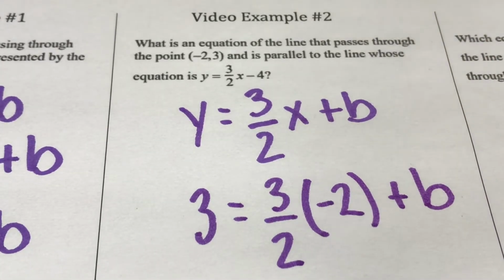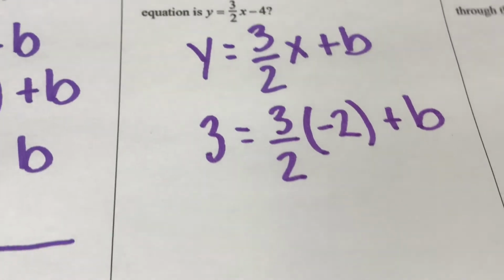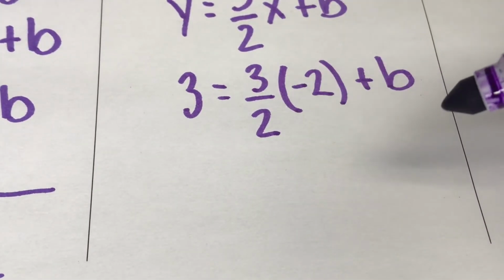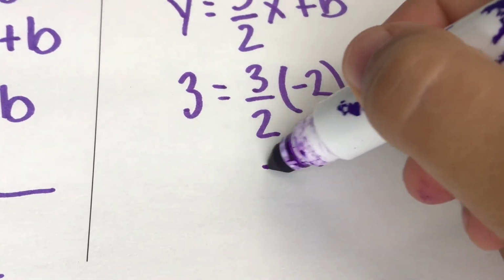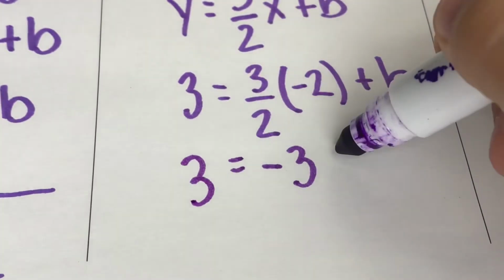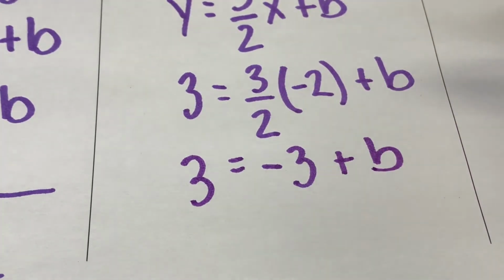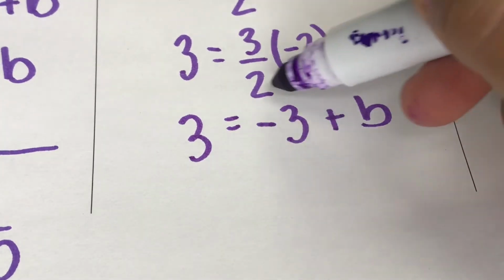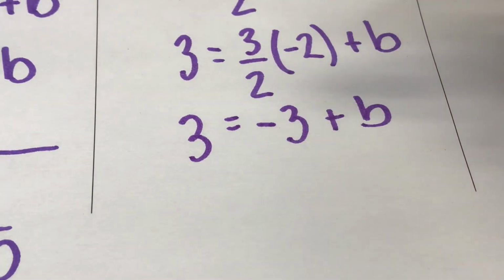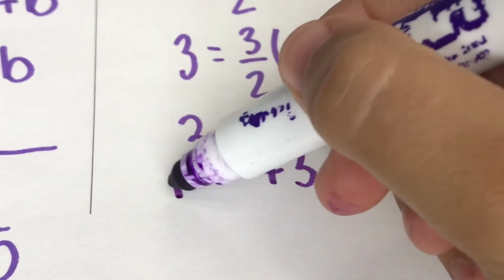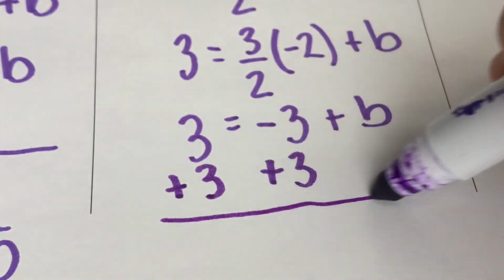So now let's just solve for b. 3/2 times -2 is -3. Let's rewrite the rest. Again, we're using our inverse operation to move our -3. The inverse operation of -3 is addition, plus 3. We add 3 to both sides.